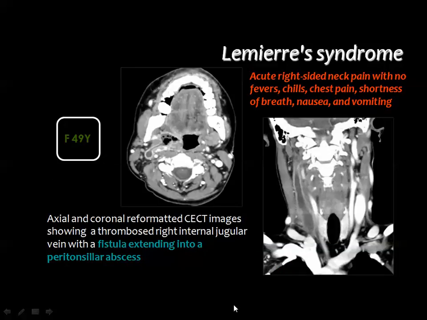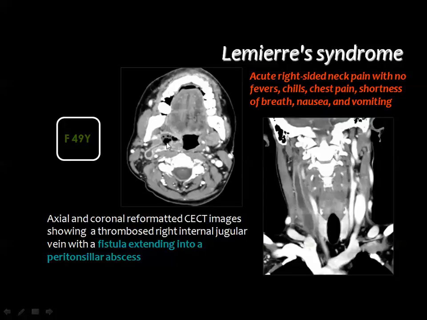And this is an example of a female, 49 years old, with acute right-sided neck pain. She has some fever, chest pain, shortness of breath, nausea, and vomiting. There is a collection in the region of the tonsil, and this collection contains air loculi and is marginally enhancing.